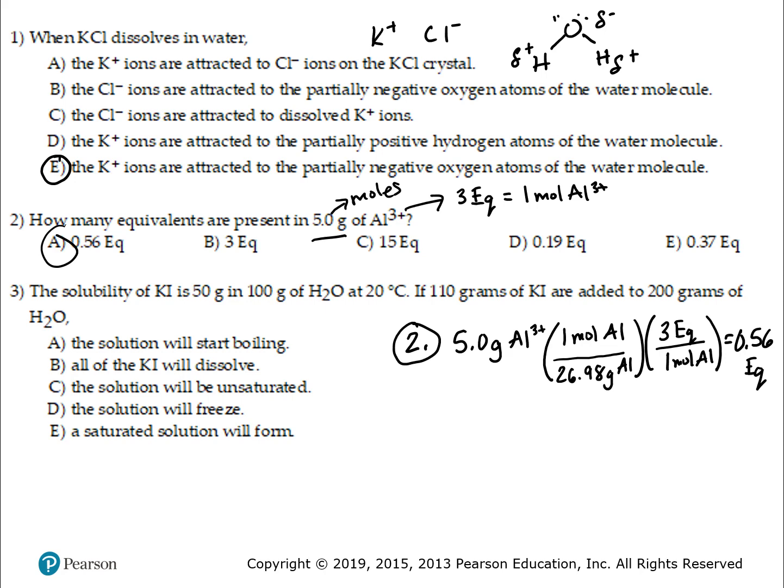All right. What about number 3? This is a solubility question. So we've got the solubility of potassium iodide is 50 grams in 100 grams of water at 20 degrees Celsius.